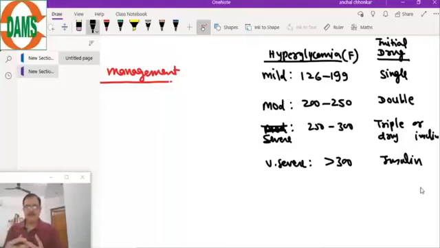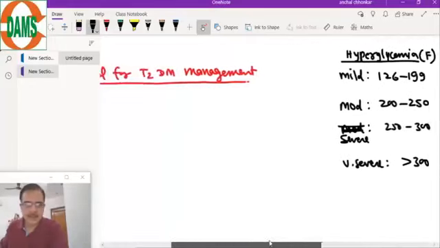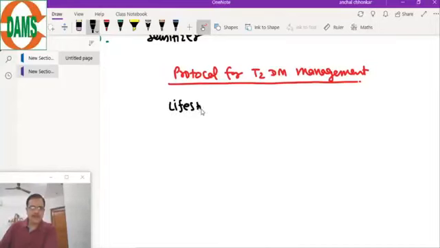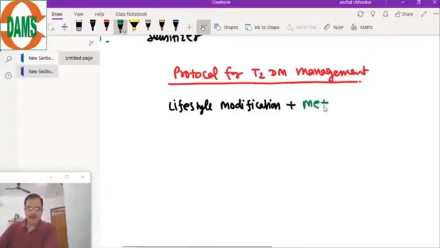Now if we are starting the patient on a single drug, let's assume that the patient is coming to us with fasting sugars till 199. So there will be an important protocol that says the patient should be started on lifestyle modifications plus metformin.